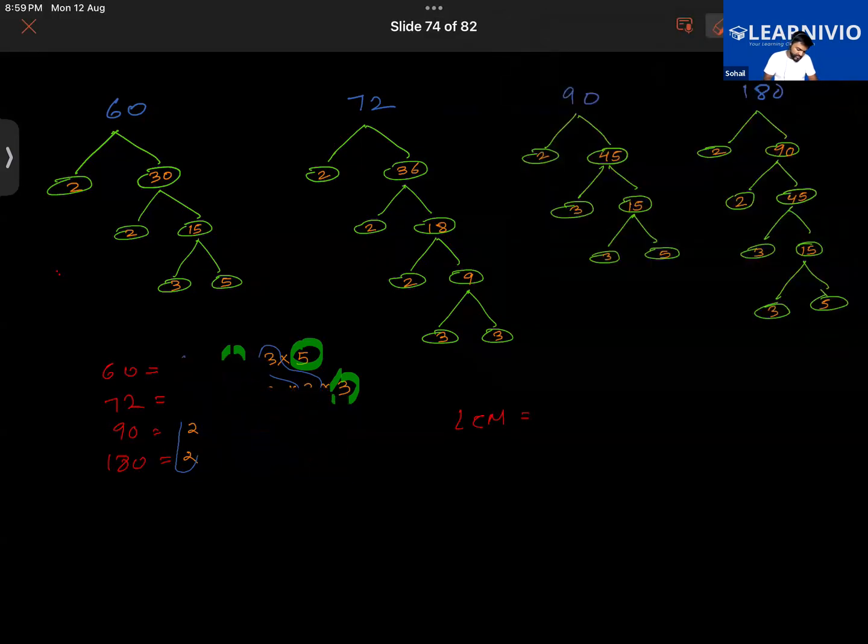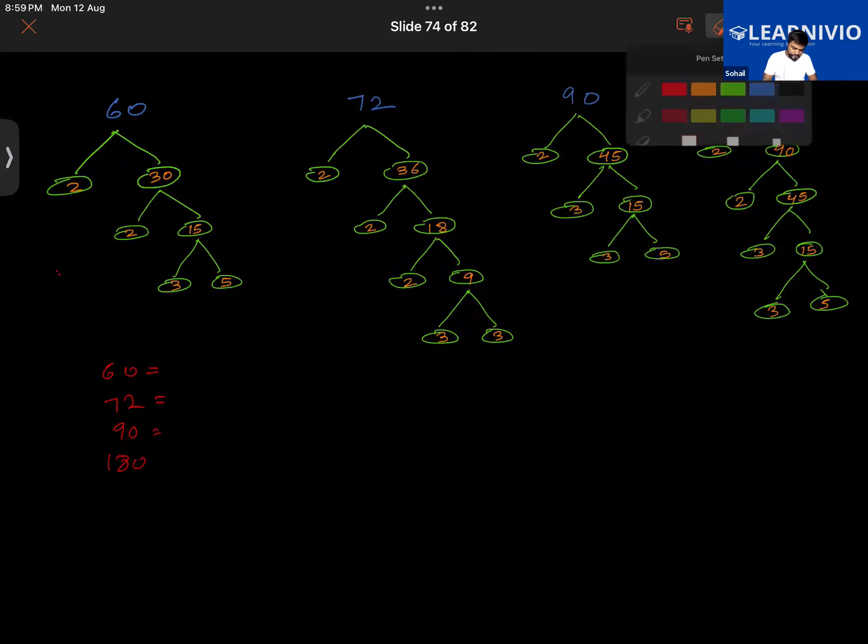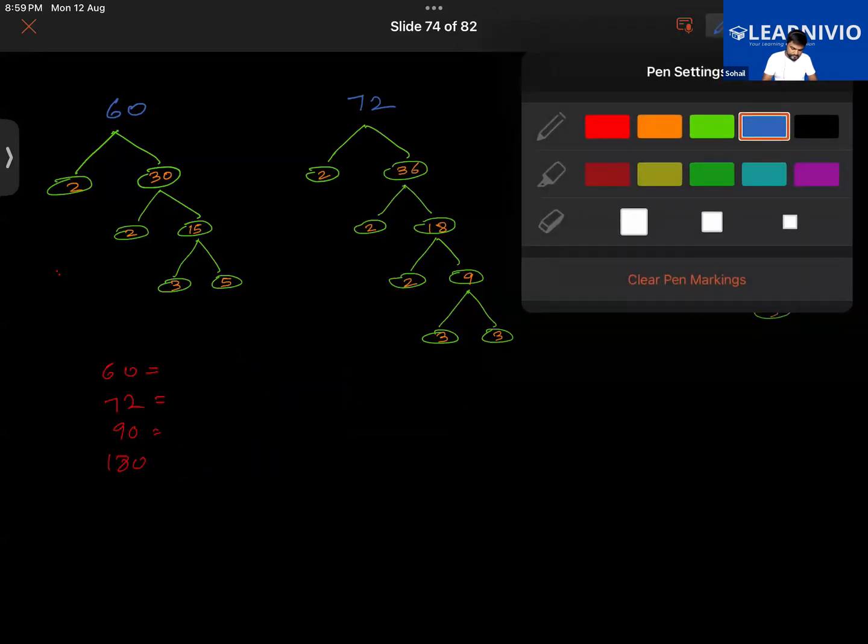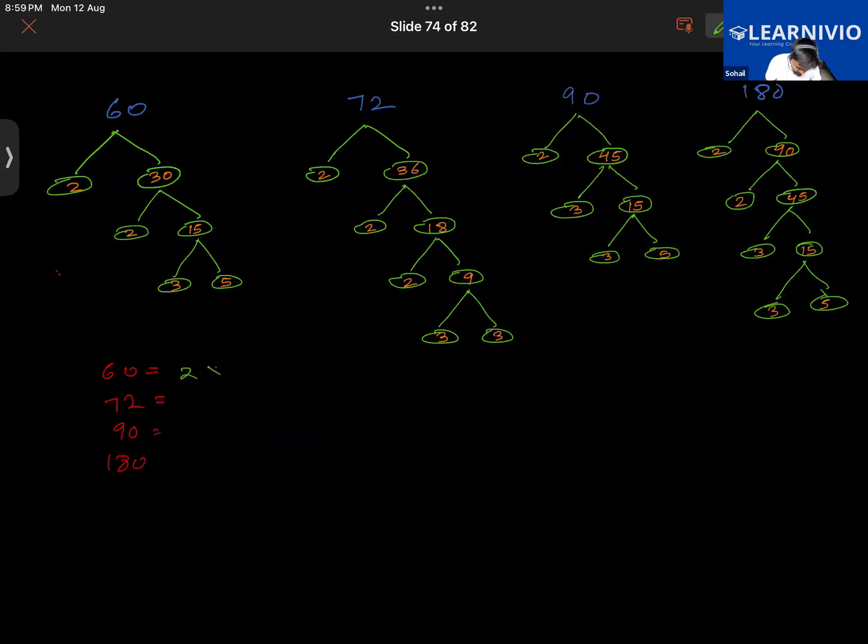Let me clean it once again. Okay. So 2 multiplied by 2 multiplied by 3 multiplied by 5. Over here we have 2 multiplied by 2 multiplied by this 3, then this 3 and then 2. Like this I've written this. For 90 it is 2 multiplied by 3 multiplied by 3 multiplied by 5.